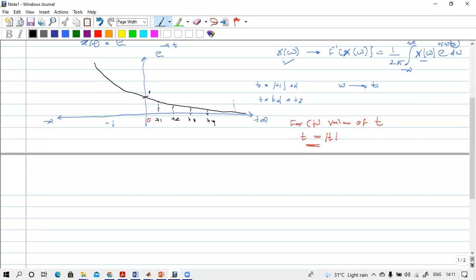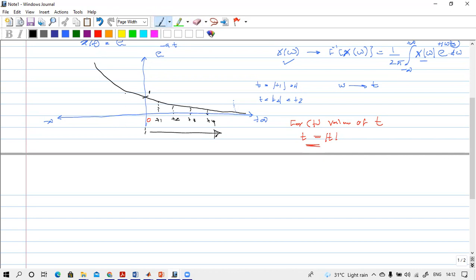You will get this kind of graph. For t equal to absolute t, for the plus side, the same function you will get. Okay, so let's consider the minus side.